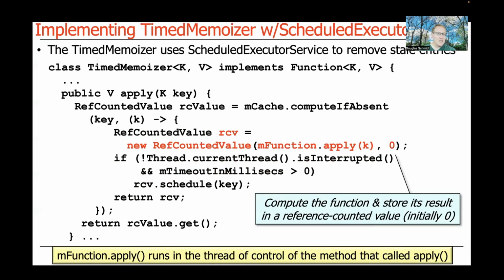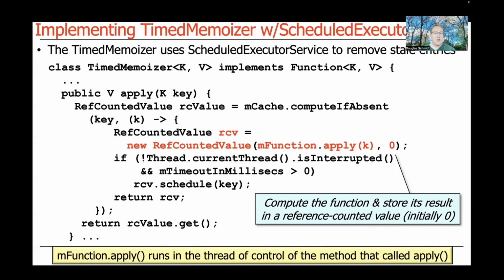So keep in mind, this lambda expression is being registered, and it's going to be run if there's not a value associated with the key. So the first thing we do is make ourselves a ref counted value, and that ref counted value will be initialized by calling the function to give you the long running value. And again, keep in mind that this lambda that we're registering is not called at this point.